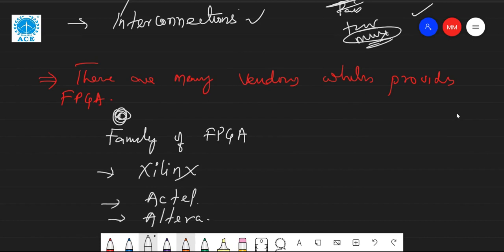So what is the difference? These different vendors are families of FPGA.